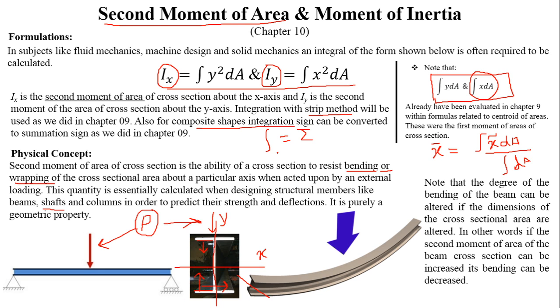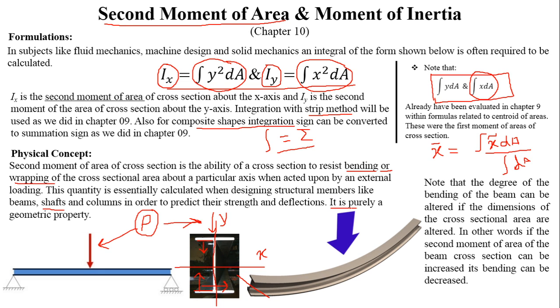And so in this course of statics, we are going to learn methods of evaluating these kinds of integrals, these second moments of area, which represent the ability of a given cross section to resist bending about an axis. It is important for you to note that if you alter the shape of the cross section, or the value of the cross-sectional area, you will alter the second moment of area as well.